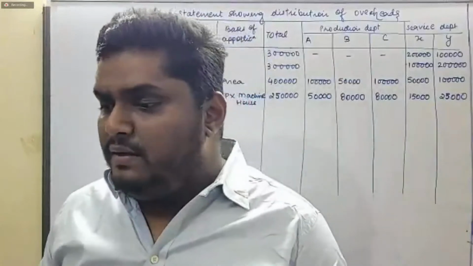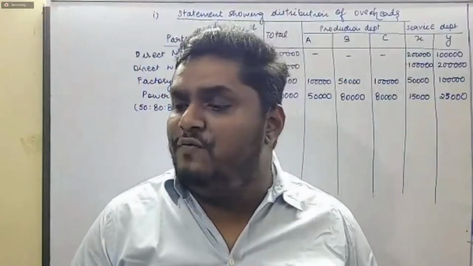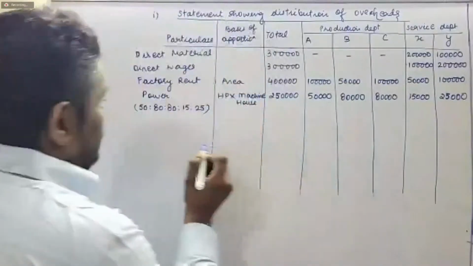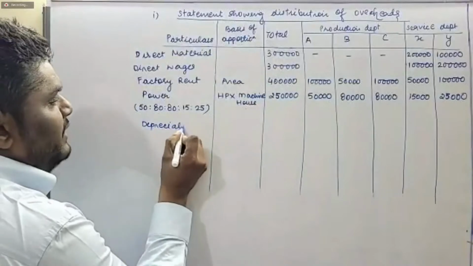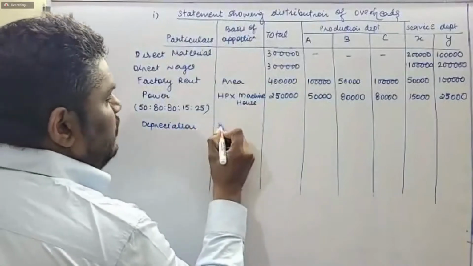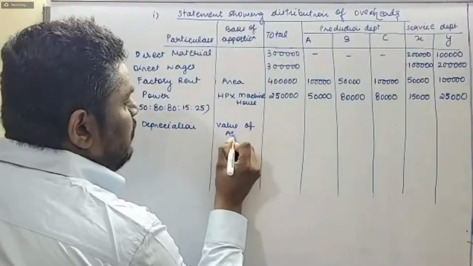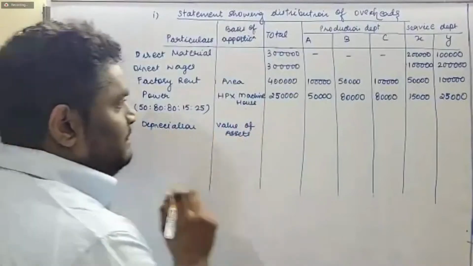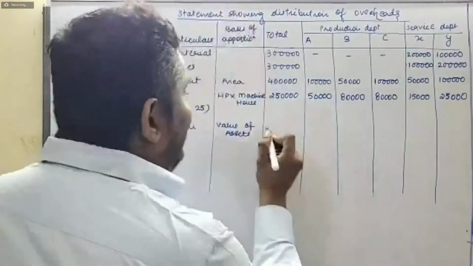Now the next part, that is depreciation, will be distributed in the ratio of capital value of assets. So when talking about depreciation, it will be distributed in the ratio of capital value of assets. The total amount of depreciation is 1 lakh.